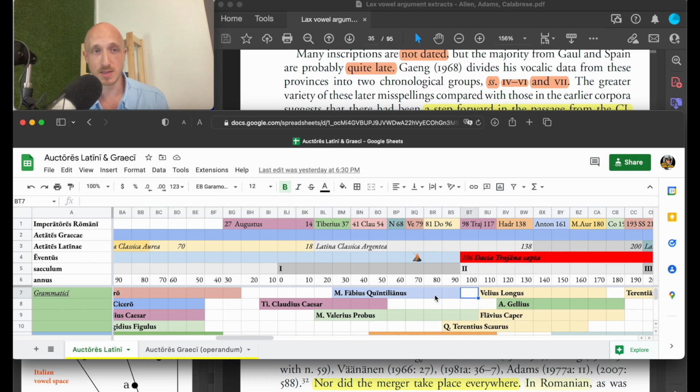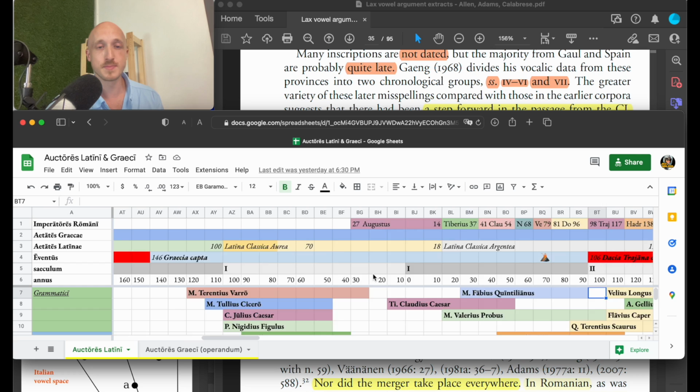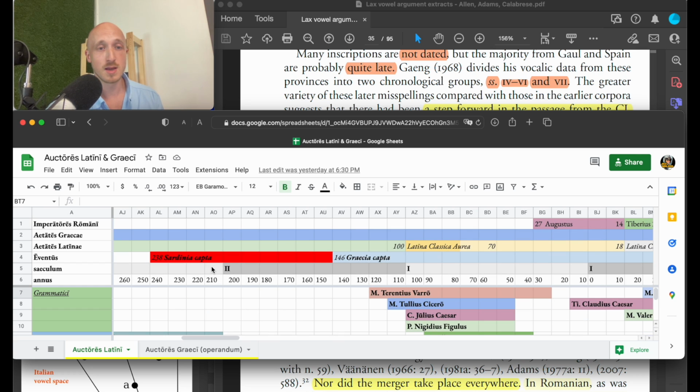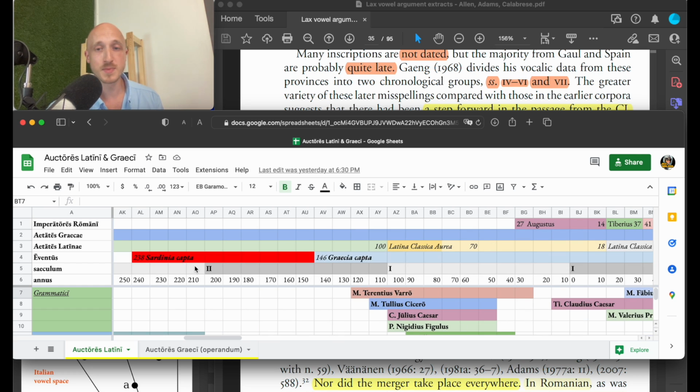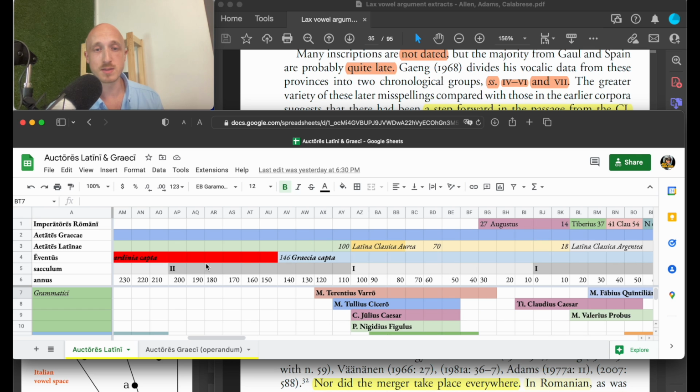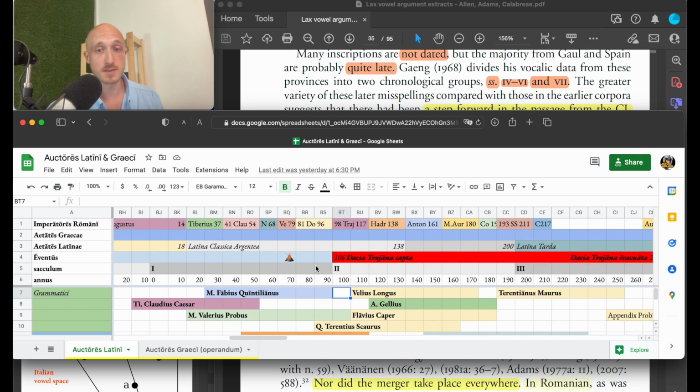This happens to be the quality system that we see in Sardinian. So probably Sardinian picked up Latin even from this time period. Sardinia was captured by the Roman Republic back here in the late 3rd century, and we can assume colonization in the classical period.